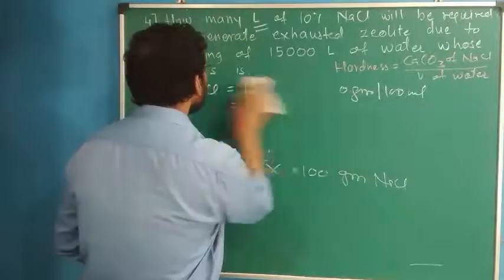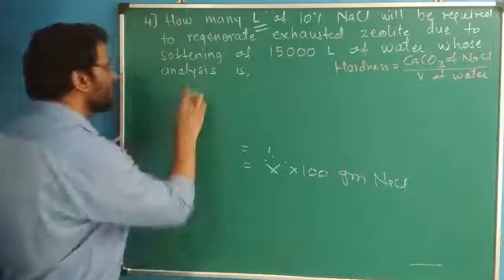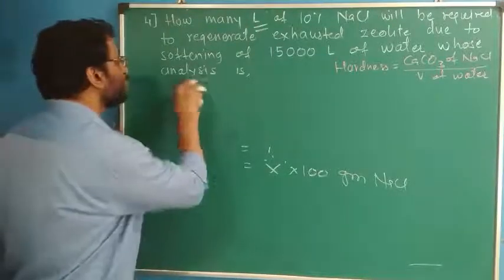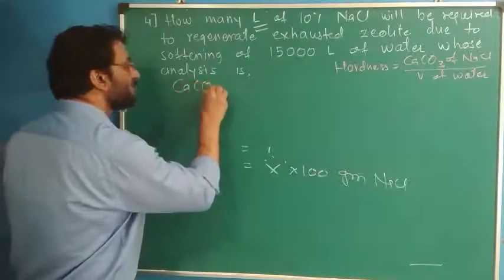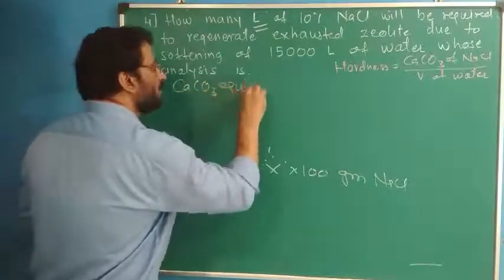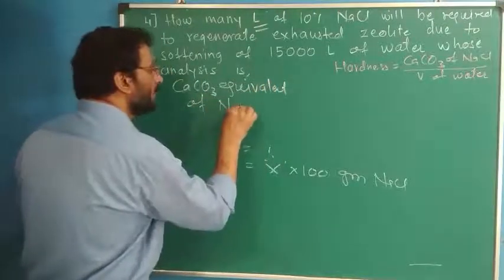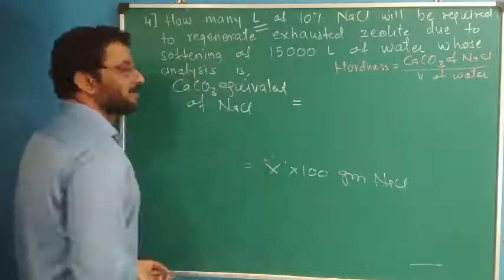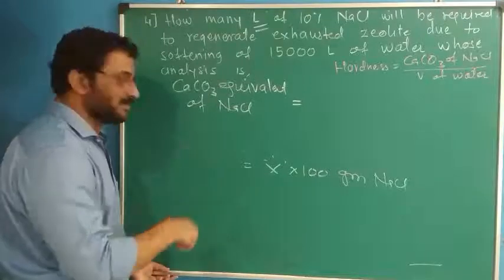Okay. Now as usual, go to CaCO3 equivalent of NaCl. Find out CaCO3 equivalent of NaCl. CaCO3 equivalent of NaCl is equal to what? Weight of NaCl into 100 divided by 117.